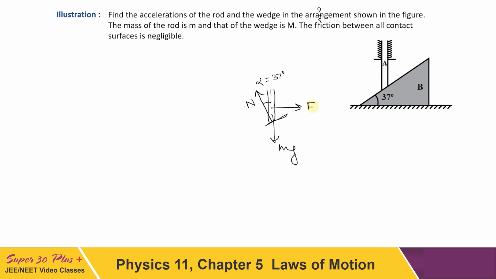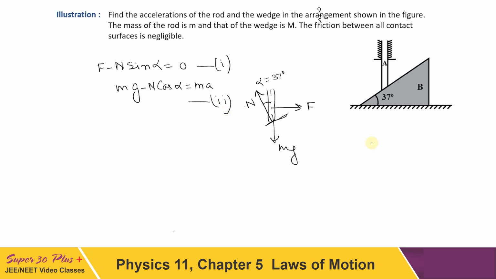Now we can write F = ma for the rod, that will give F minus N sin alpha is equal to 0, as the rod cannot move in the horizontal direction, it is constrained to move only in the vertical direction. This is our equation number 1. It can be written as mg minus N cos alpha is equal to ma. This is our equation number 2.